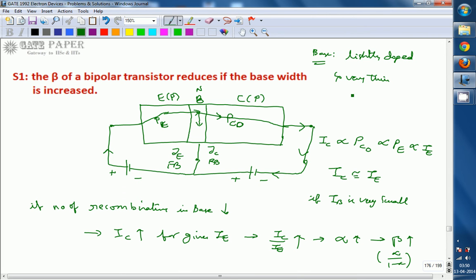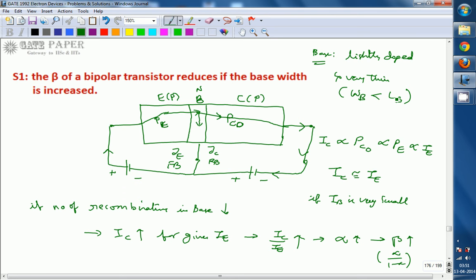Very thin means the base width is lesser than the diffusion length of minority carriers in the base, represented as LB. Because of these two things we can expect fewer recombinations, so that the maximum collector current is obtained from the emitter, alpha is large and beta increases.